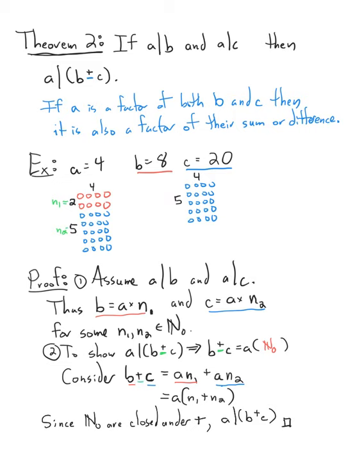So let's consider B minus C. That's just AN1 minus AN2. You can still factor out that A, so you get N1 minus N2.